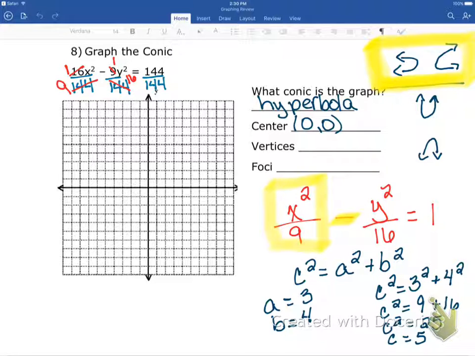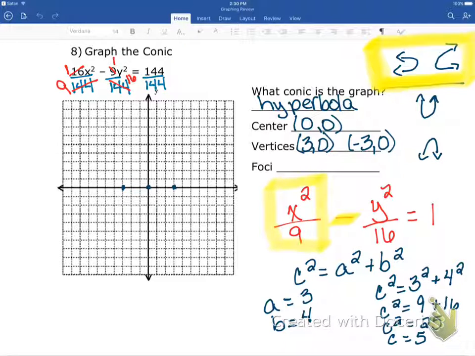Okay, so since our a value is 3, we are going to put a dot at 0, 0 because that's our origin. And because our a value is 3, our vertices are going to be 3 to the right and 3 to the left of our center. So my vertices are at 3, 0 and negative 3, 0. Now our b value is our conjugate axis, and that goes up and down.